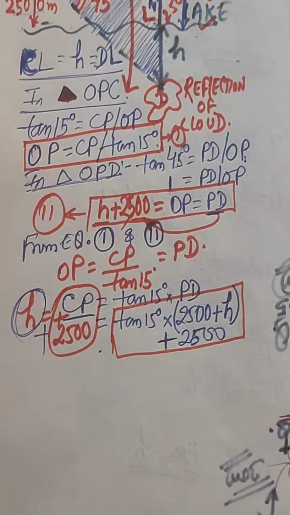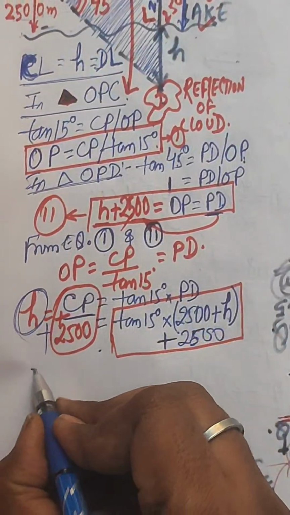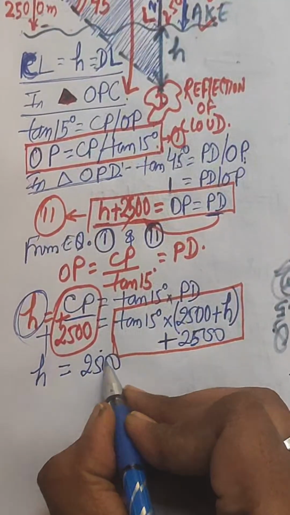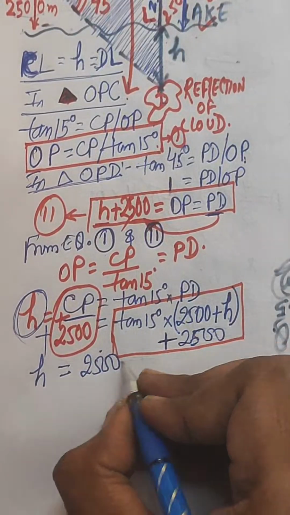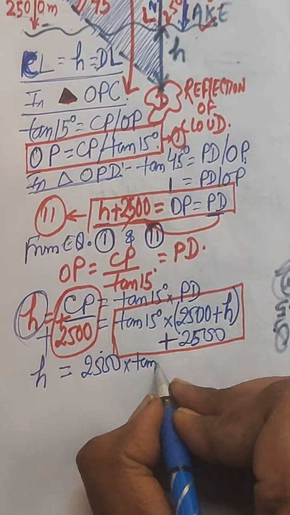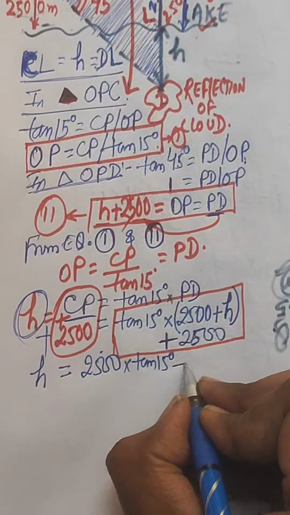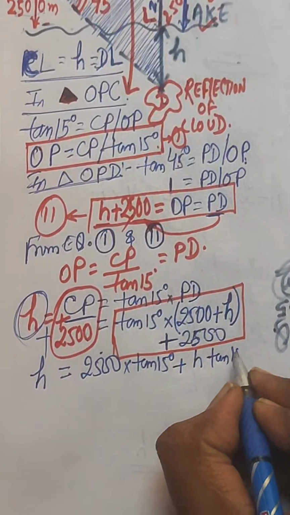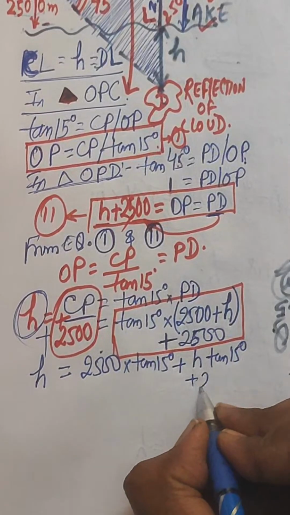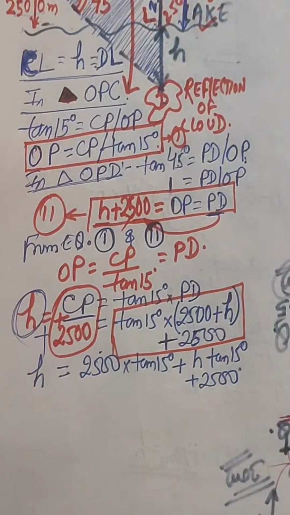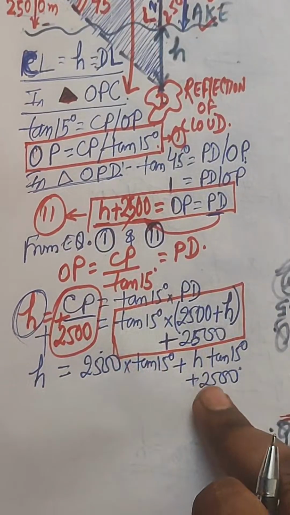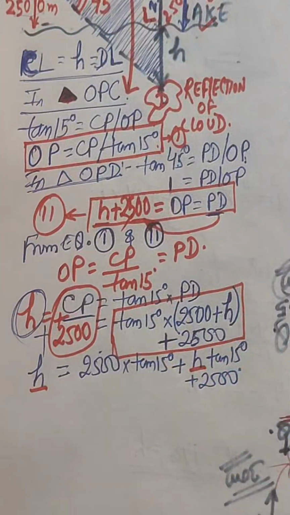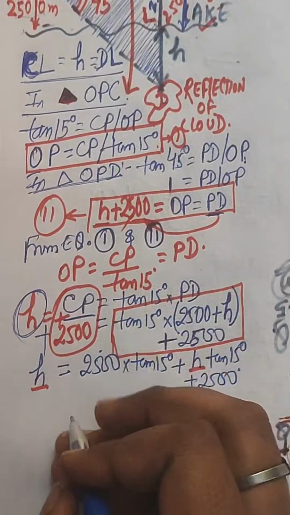So from here we can say H is equal to 2500 into tan 15 degree plus H times tan 15 degree plus 2500. You can see H is here and H is here. So these terms can be taken into one side.